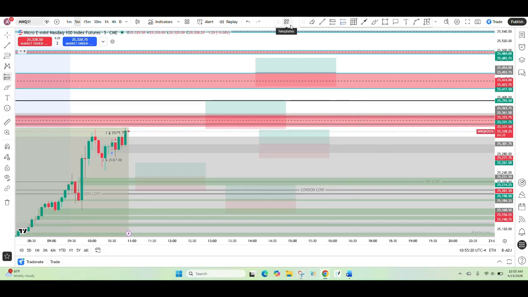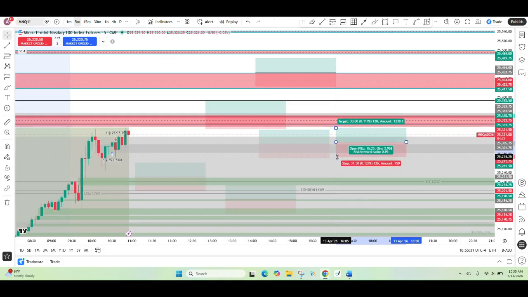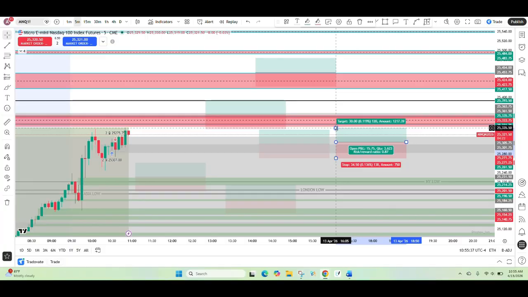that trade. But because I got in around right here, my stop loss was moved up. What I should have done was manually move my stop loss down to where I originally wanted it to be, and then move my take profit to match.